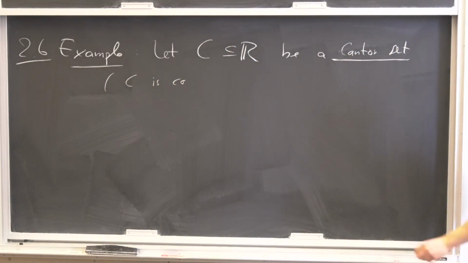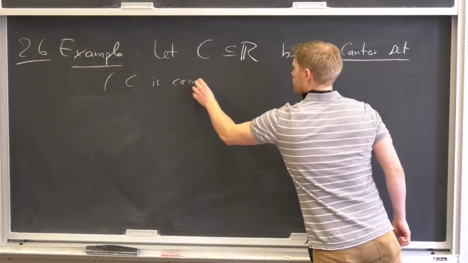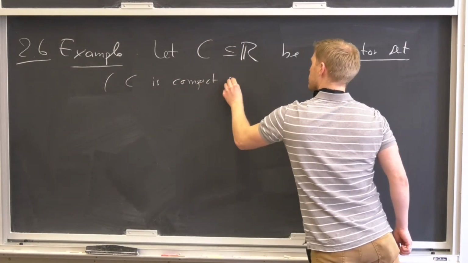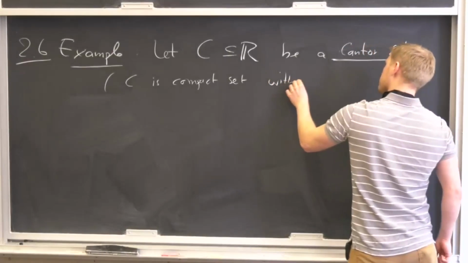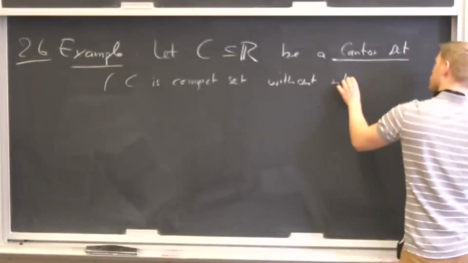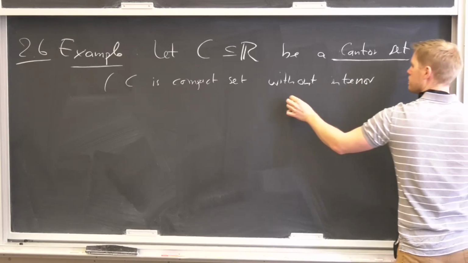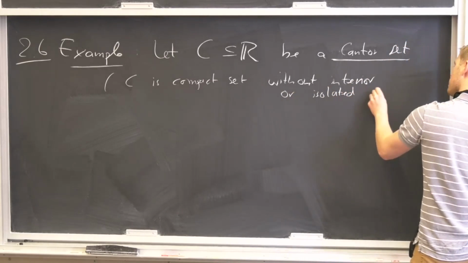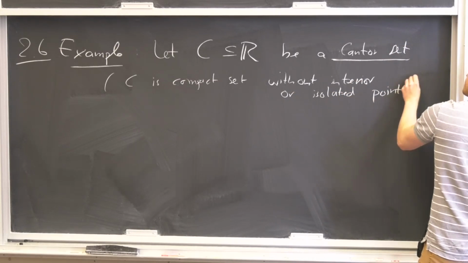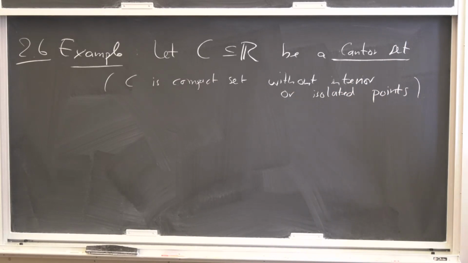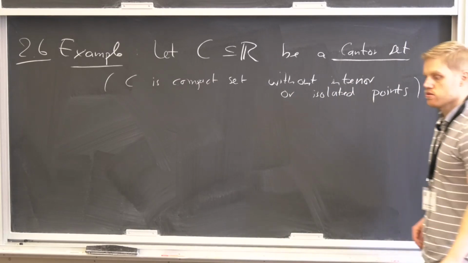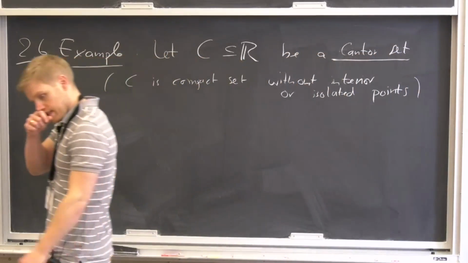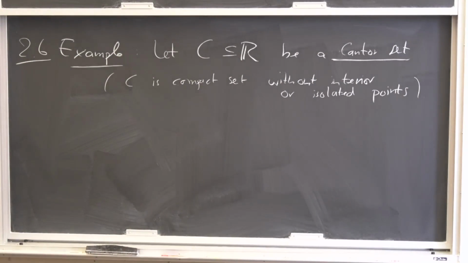It's a compact set without interior or isolated points. Now what I want to show is how this gives rise to an omega orderable set, an omega order, if you put C onto the real additive group.